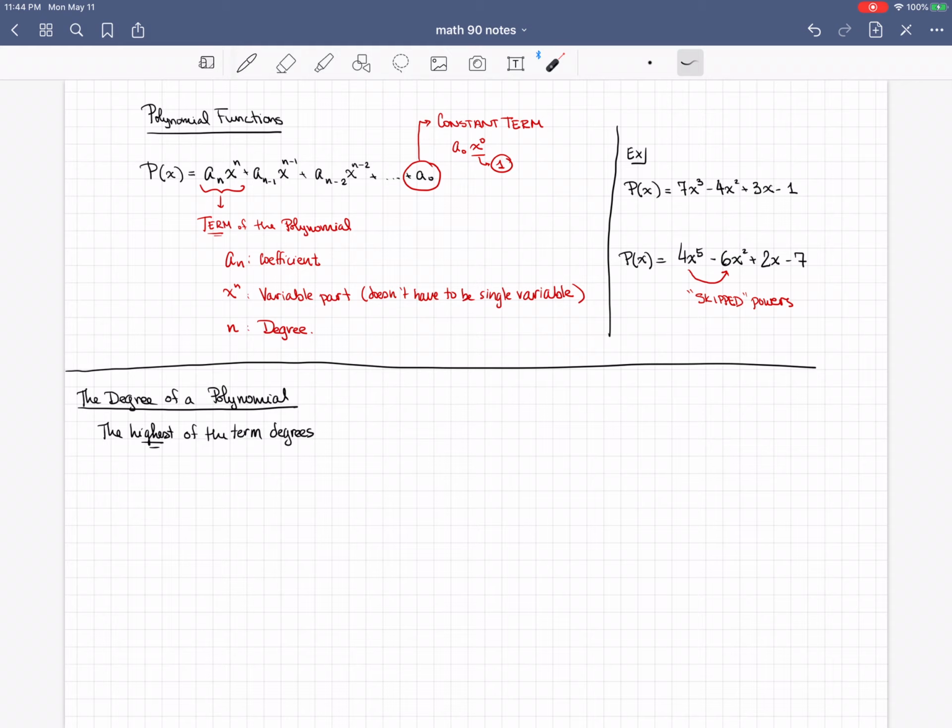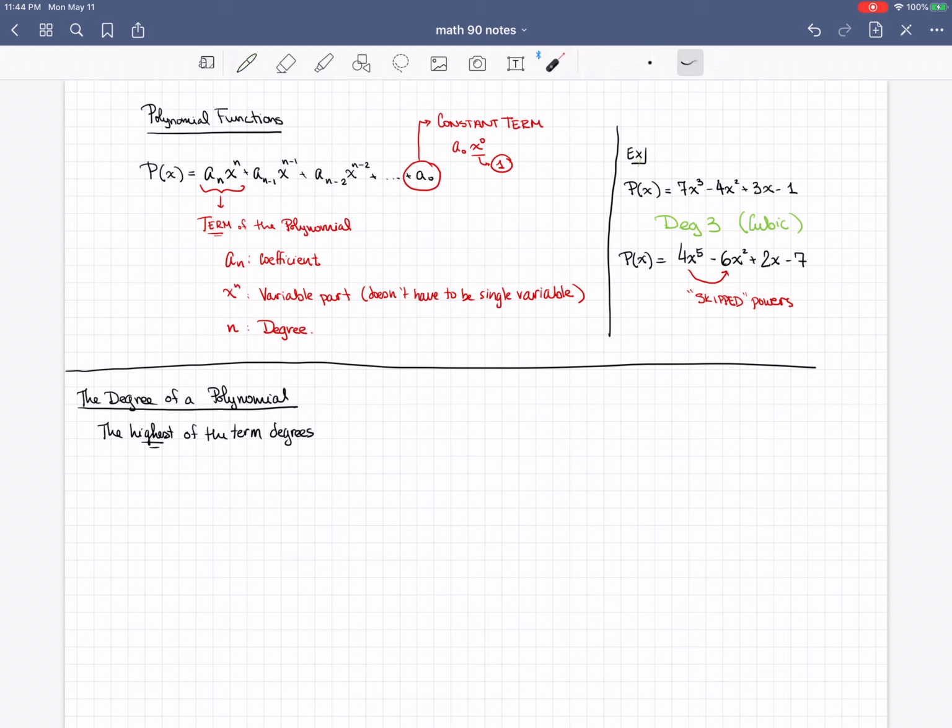And 1. That's a degree 0 term. So 3, 2, 1, 0. What's the highest one of those? 3. So this is a degree 3 polynomial. Degree 3 polynomials are quite common, and you'll often also hear them referred to as cubic.